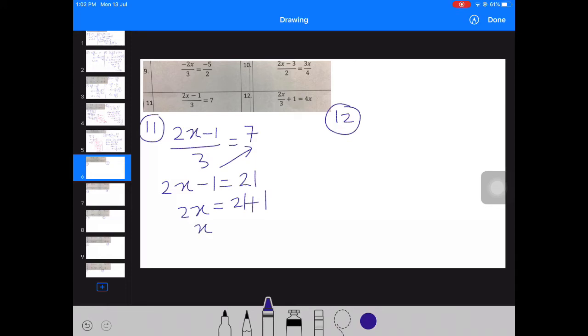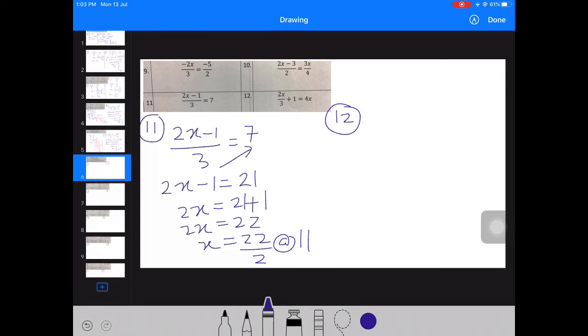So 2x equals to 22, and x equals to 22 divide 2. Okay, you divide 2 because over here on the left side you multiply. Then when you bring to the right, it becomes divide. So simplify, you get 11.